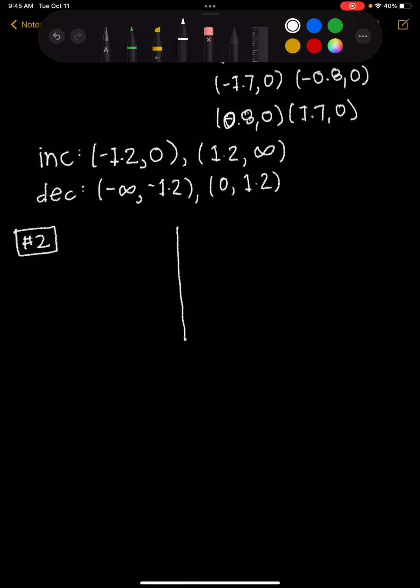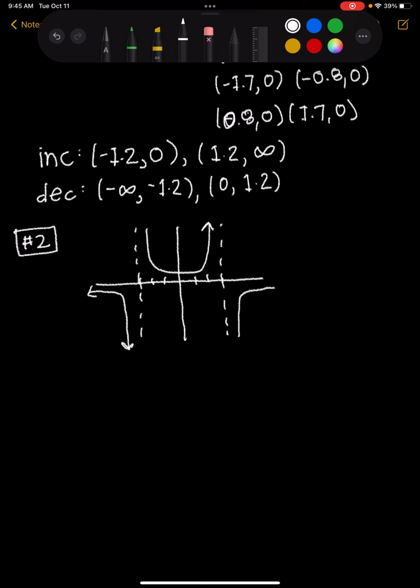So once again, I'm going to try and draw the graph the best that I can. All right, so we've got that line, that line, that line, and here we go.